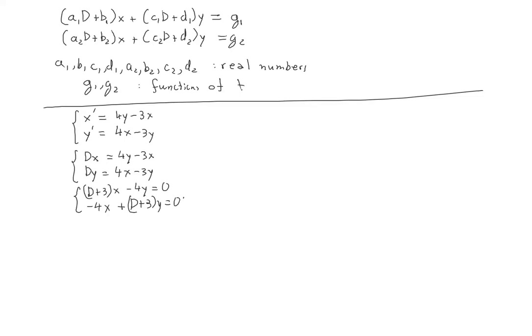That should help you to actually solve it. So what I'm going to say here is that I'm going to multiply this by 4. And I'm going to multiply this by d plus 3.